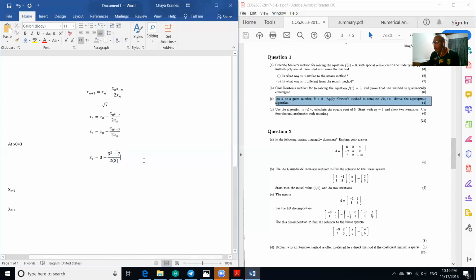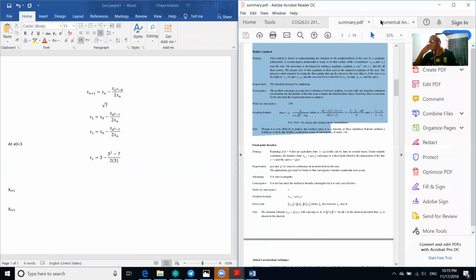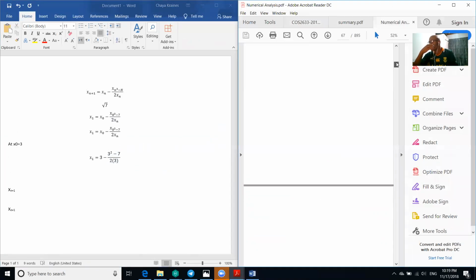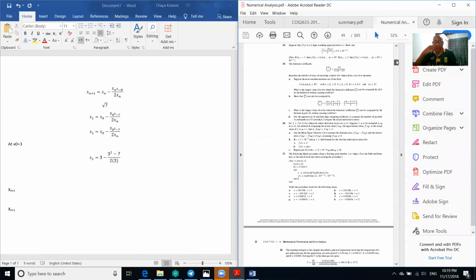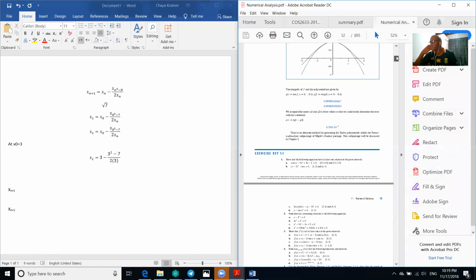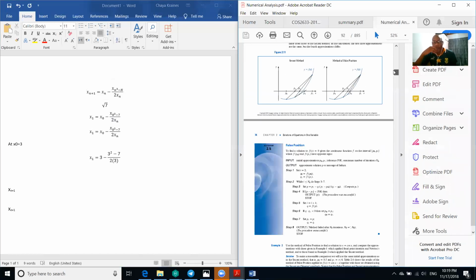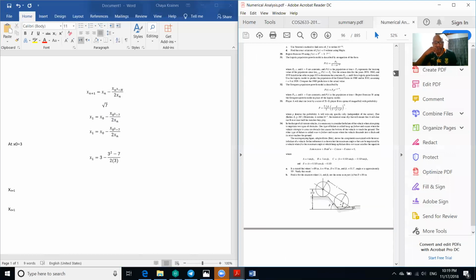But how to find the root of k, you get an answer for this. And if they tell you 2 iterations, 3 iterations, you do it. But I don't know how to do it for k. That's my issue. I think they're asking for an algorithm over here. So it would be in pseudocode? Maybe.